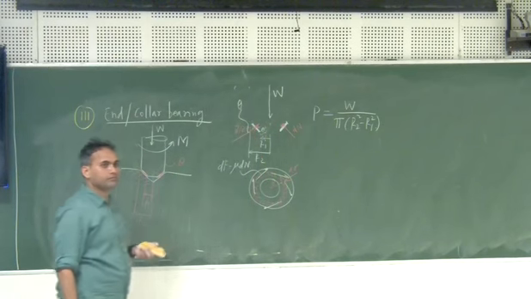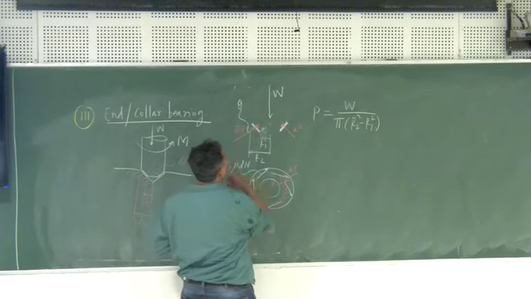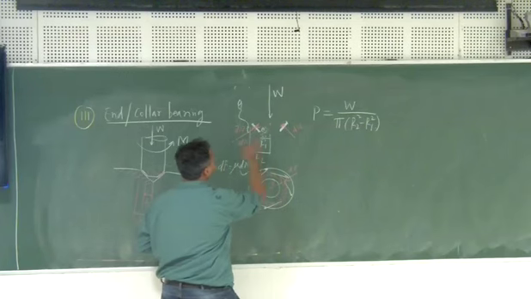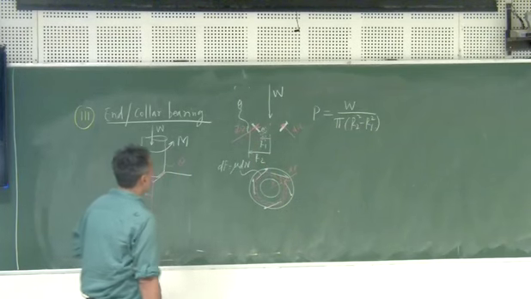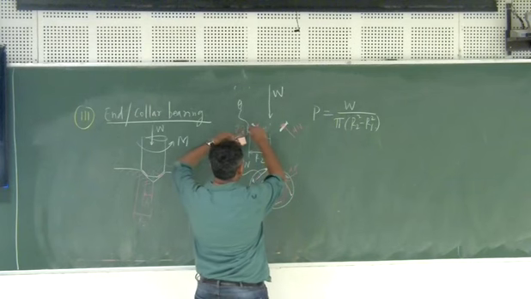Okay, this is how you will find your theta. Now you will have to find out your dN. So to find the dN, what you really have to do is you will have to equate these forces.